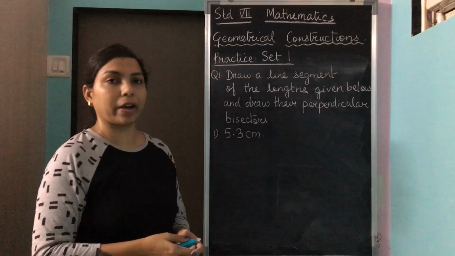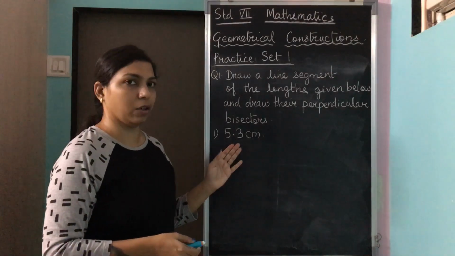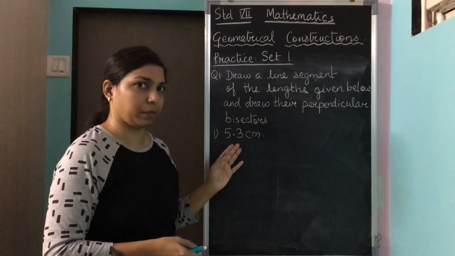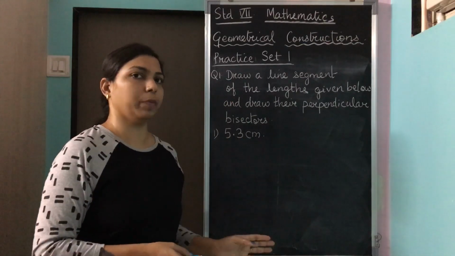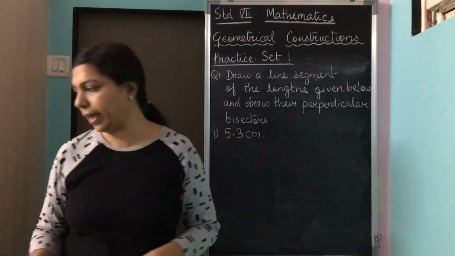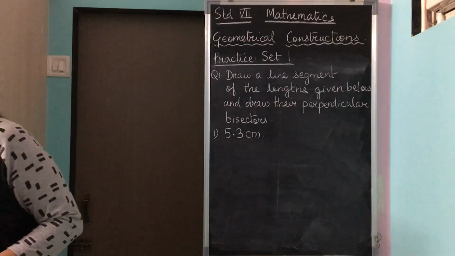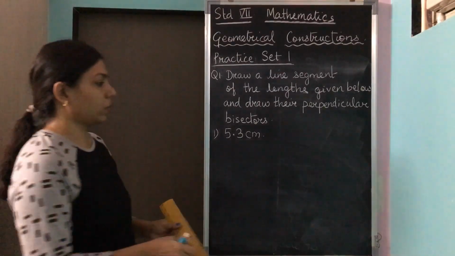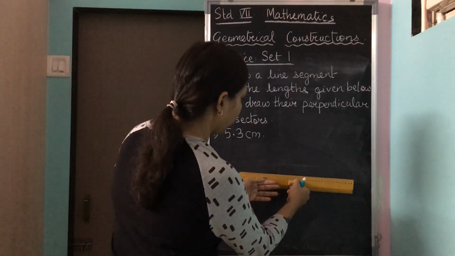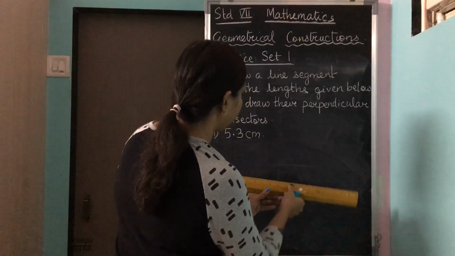Okay, so what do I have to do? I have to make a line of 5.3 centimeter and then draw a perpendicular bisector to that given line. So let me first draw a line of 5.3 centimeters.